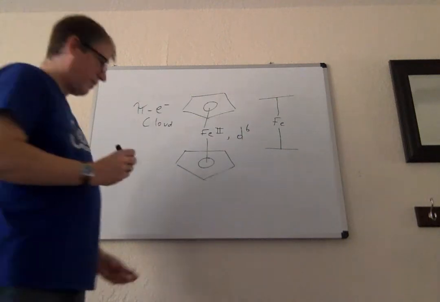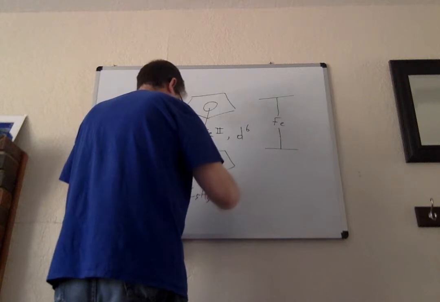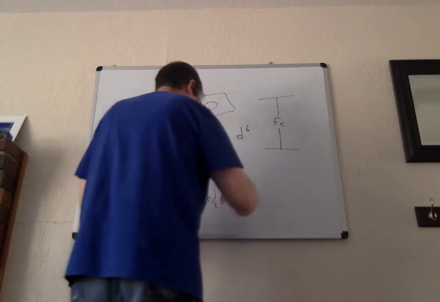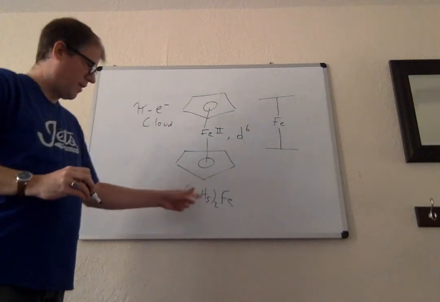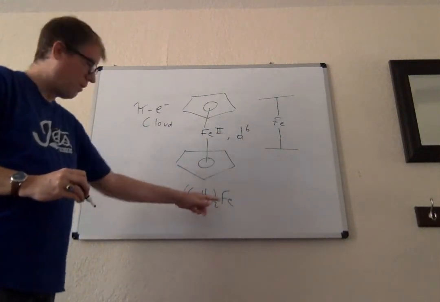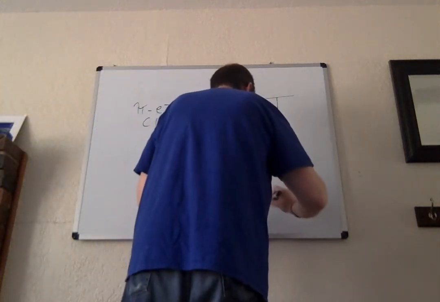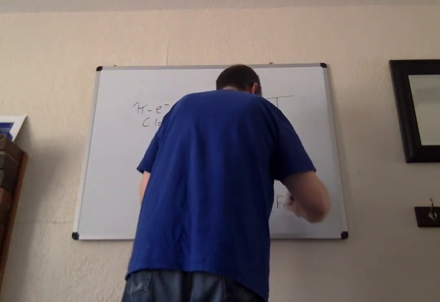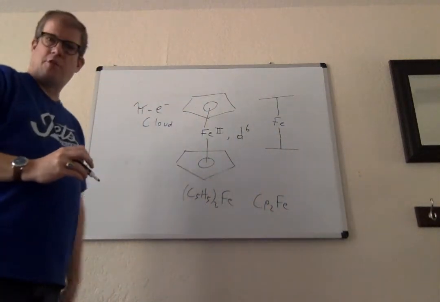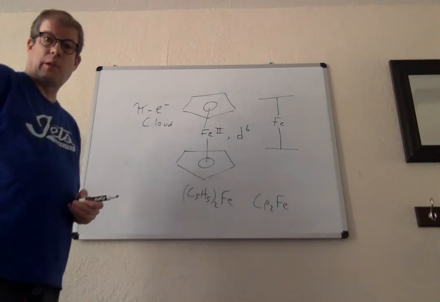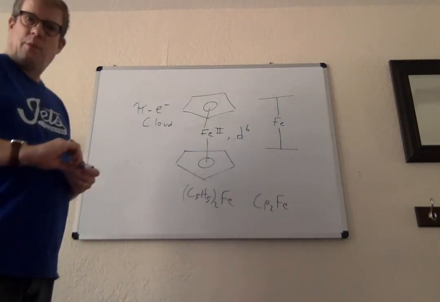And you can also represent this like this: (C5H5)2Fe, or even Cp2Fe. And you'll see these used interchangeably all over the place if you start looking up this molecule, for example.